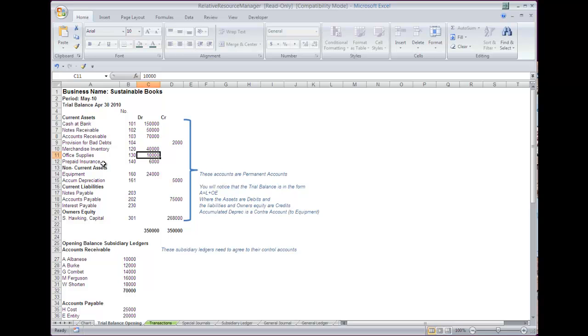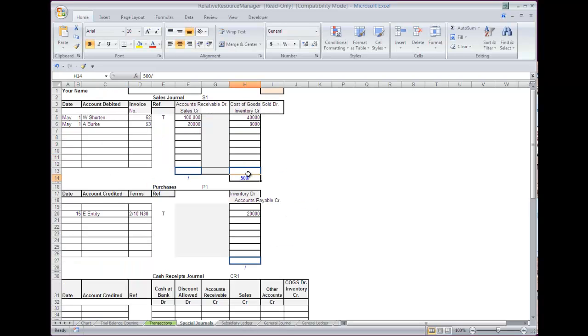We see inventory, merchandise inventory, 120. So your entry in here would be 500, 120, but you only enter that after you've actually posted those items to the general ledger. Might just have to see if I can do one more entry.